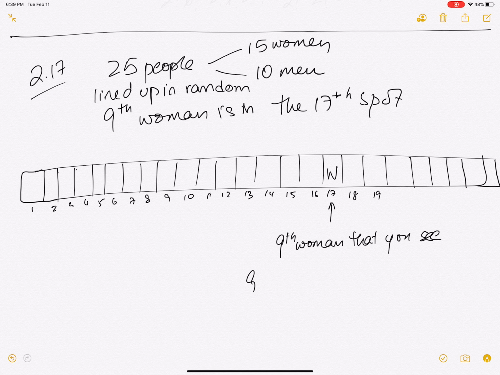Going from spot 1 to spot 17, this should be the 9th woman that you see. So you want that one to be the 9th woman.